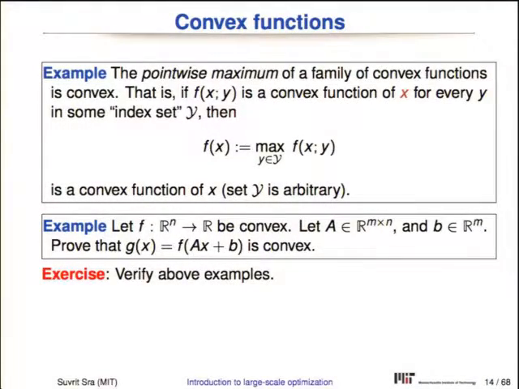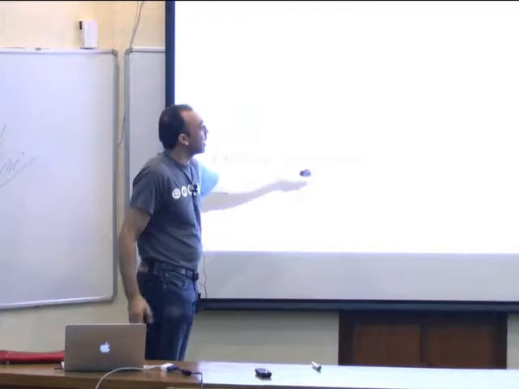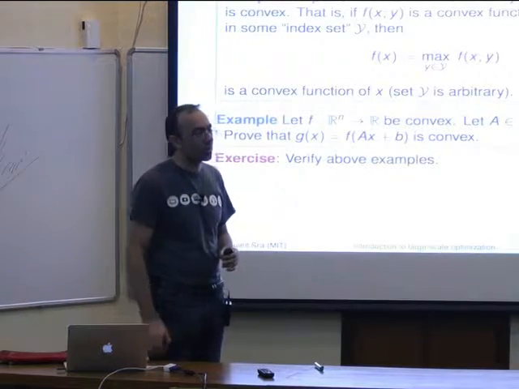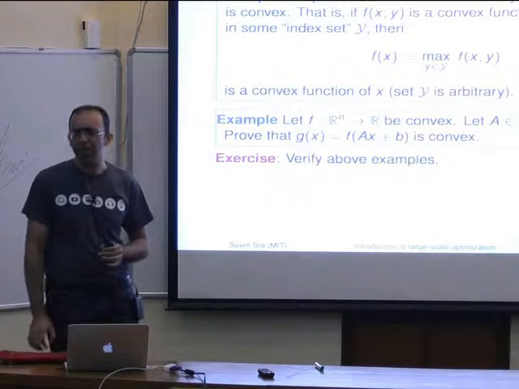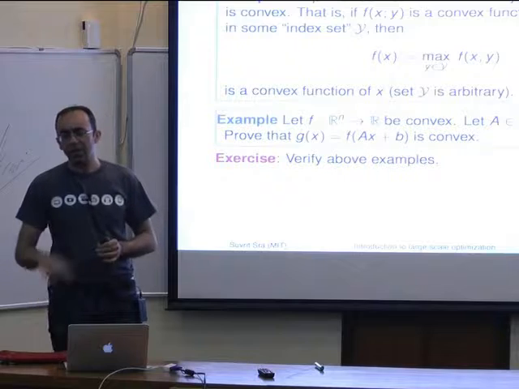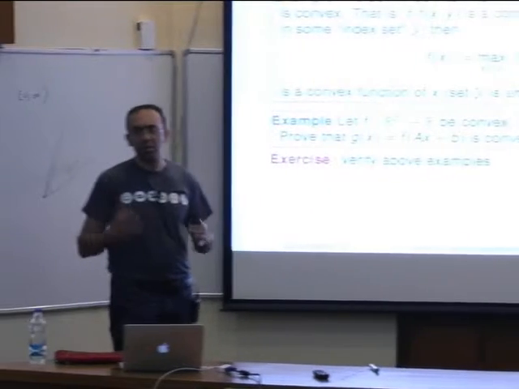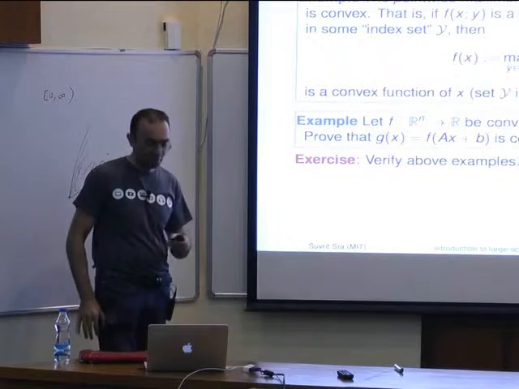Another thing is, if you have a function written in terms of some vectors, and if you make a linear transformation, linear transformations are friends of convexity, they don't ruin convexity. So these two things are very basic and very important, and pretty much cover 50% of what we need to know about how to construct convex functions for the purpose of these lectures.